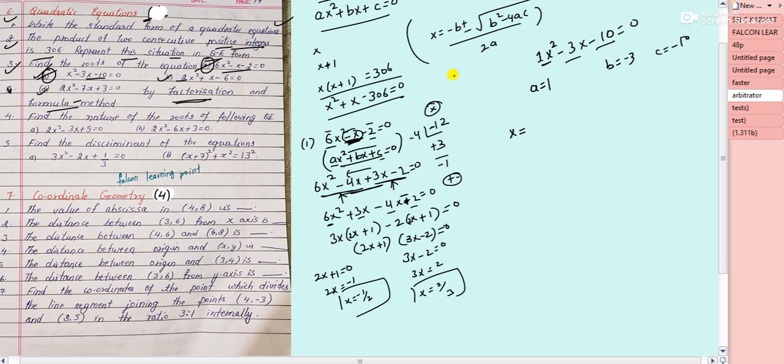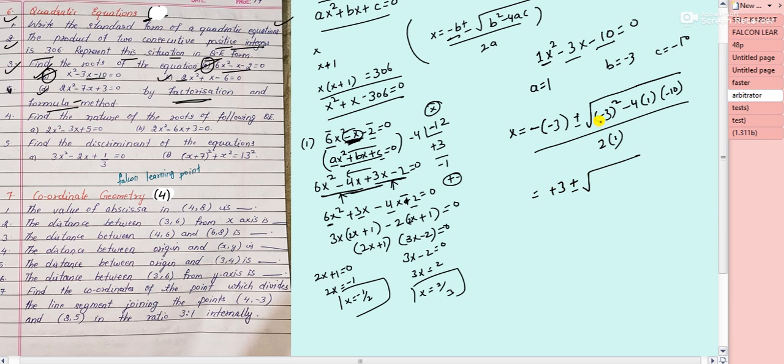On substituting, you have minus b, minus minus 3, plus or minus root of b square, minus 3 square minus 4 into 1 into c, which is minus 10. Write it properly. Now this becomes 2a, a is 1. So minus into minus plus 3 plus or minus root of 3 3s are 9, minus into minus plus 40, divided by 2.